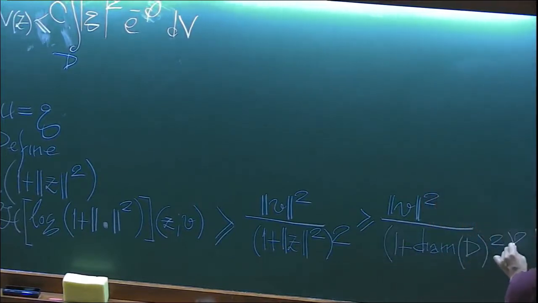So you must have been wondering about that funny condition I had about 0 being in the omega closure. It's simply a convenience to be able to write this. That was the only reason why that was there.